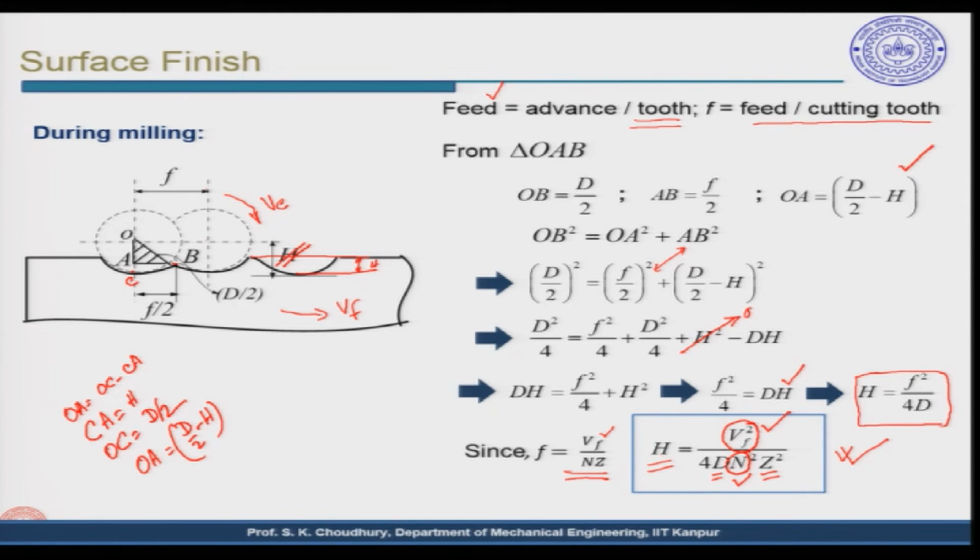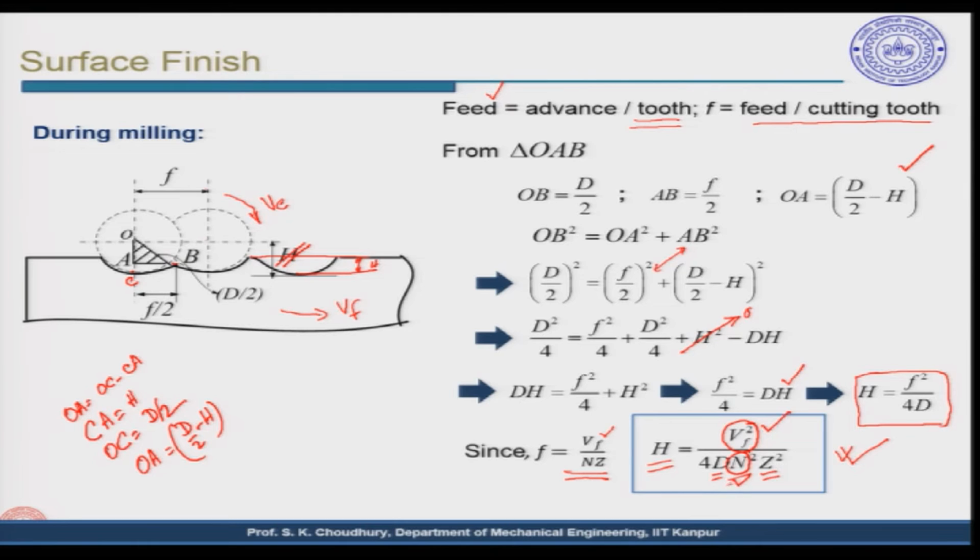But now, if we change the value of the Vf, the MRR will be affected or the production rate will be affected, because MRR, if you remember, is the area into velocity. So, in that case Vf should not be changed, because we do not want the production capacity to be changed.